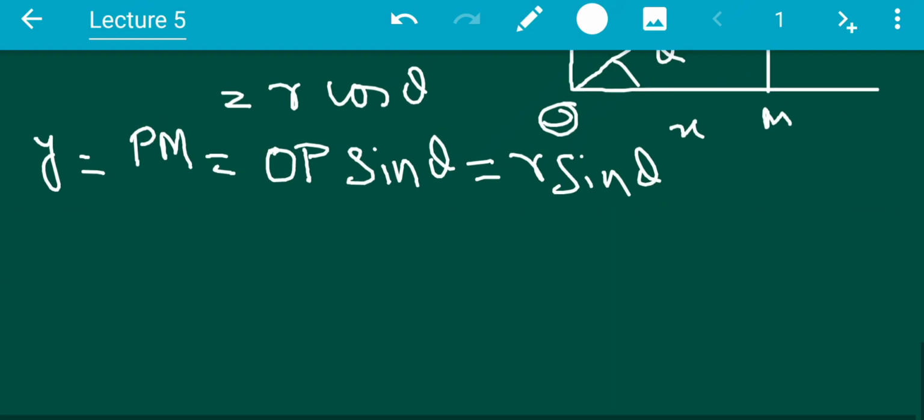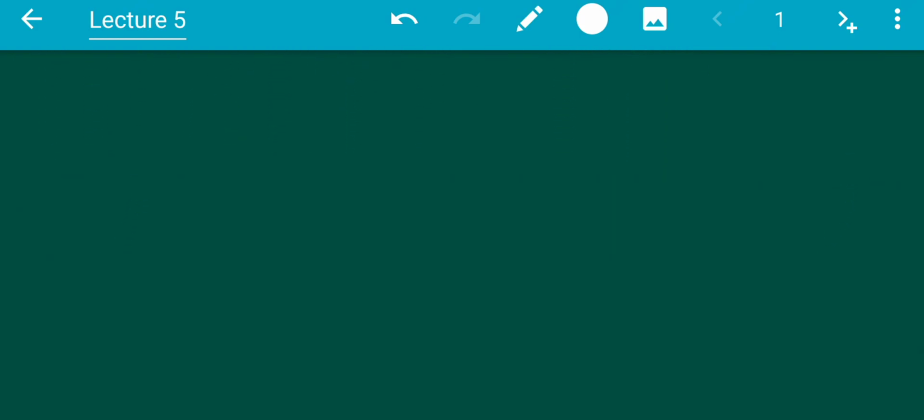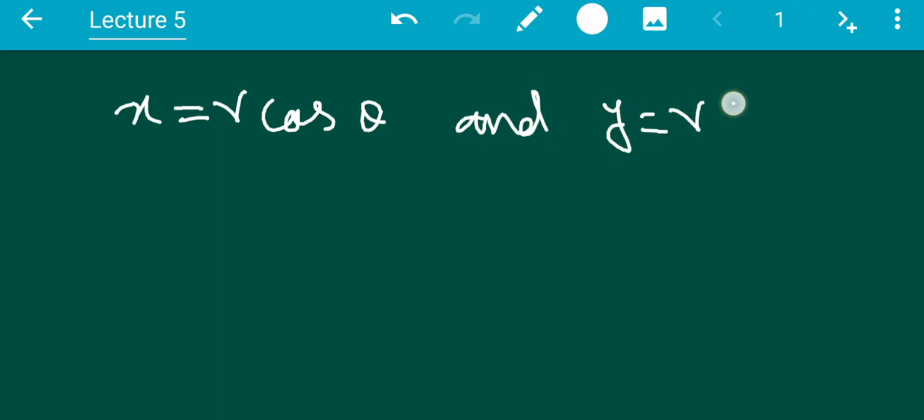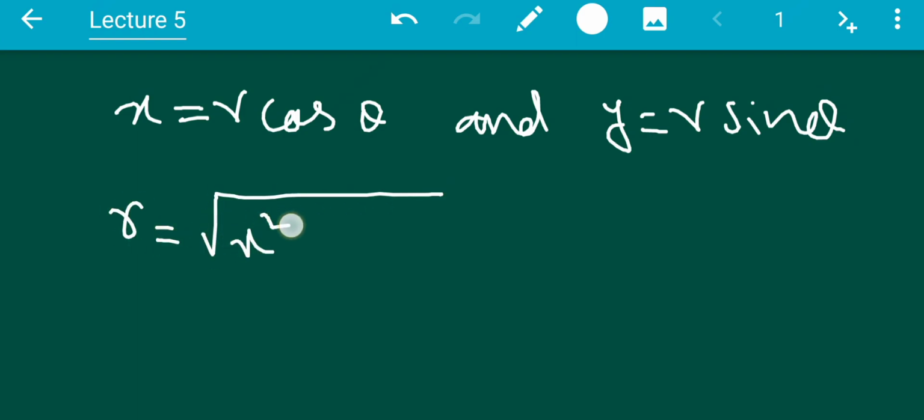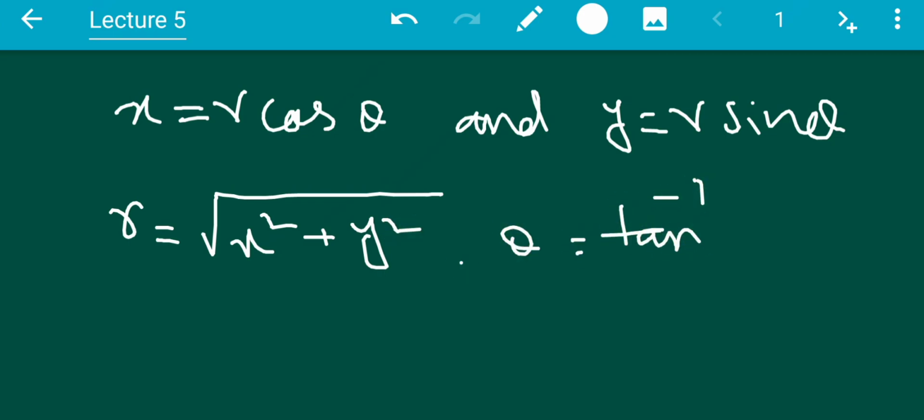So what is the transformation of coordinates? x is equal to r cos theta, and y is equal to r sin theta. Okay, what is the value of r? r is nothing but square root of x square plus y square, as we have discussed. And theta is equal to tan inverse of y by x.